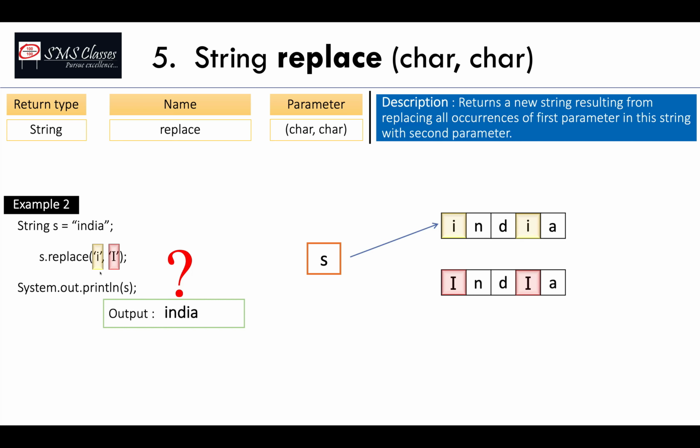Since we haven't collected it, s still remains small letter India. So we have to either use another variable like string t is equal to, or if you want to change s itself, I'm doing s is equal to s dot replace. Now what happens is s starts pointing to the modified India. Now if you print s, you will get capital letter India.